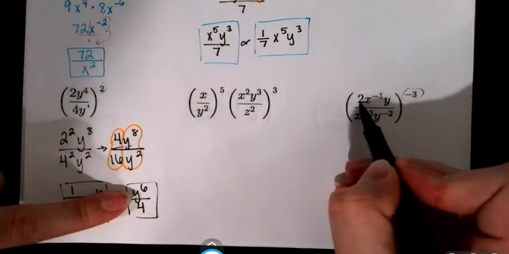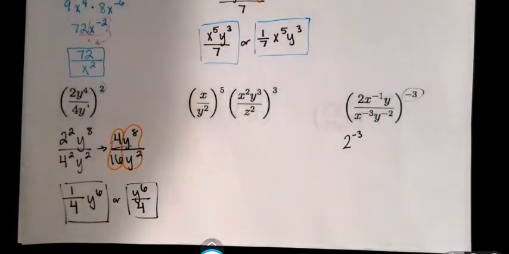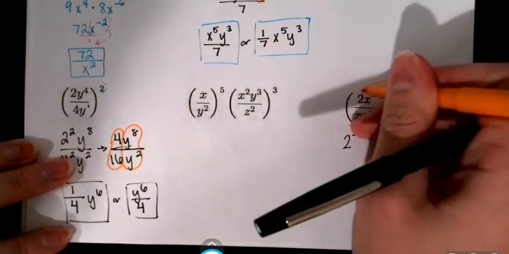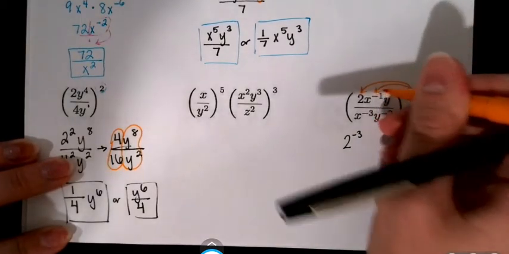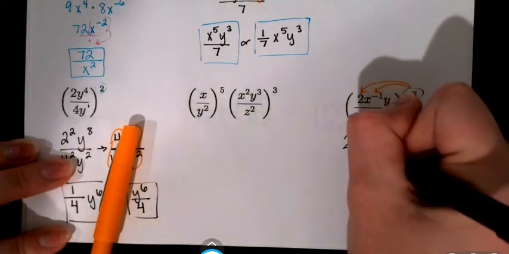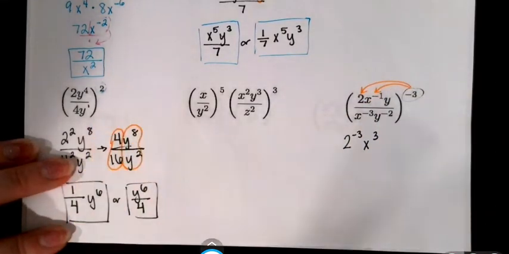So my coefficient here, 2, is going to have a -3 exponent on it because it has power over this. It also has power over the x, so I multiply my exponents together. -1 times -3 turns into a +3.